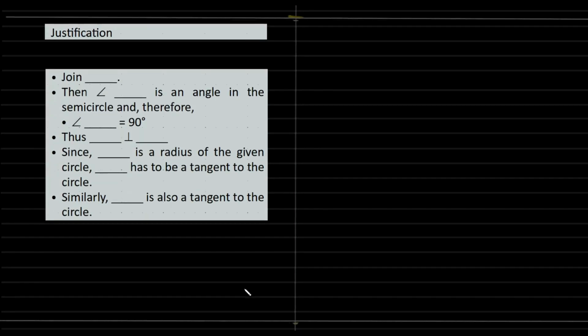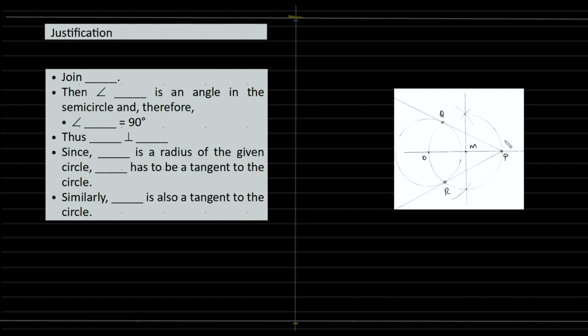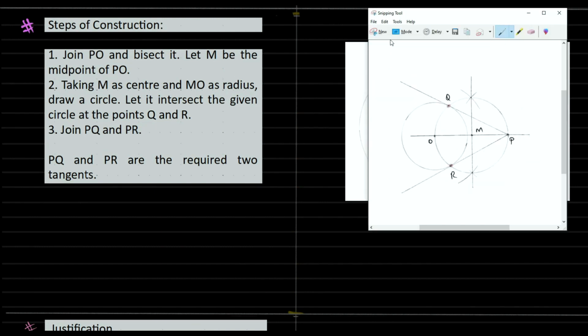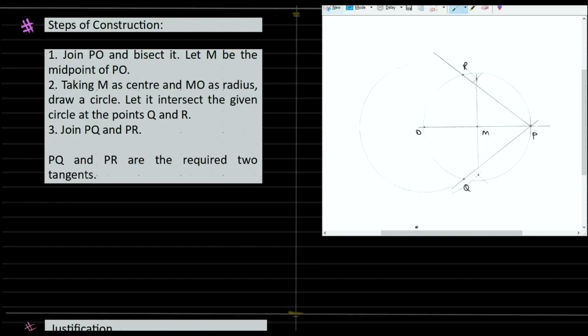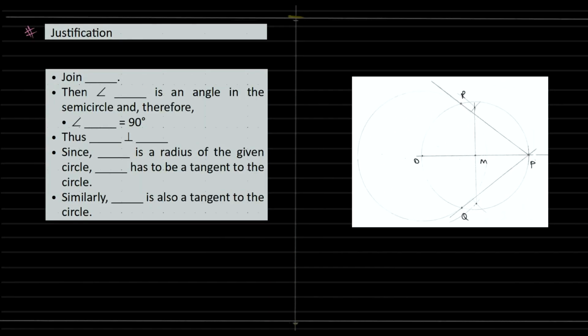Next thing is justification. It's the same diagram, the same labeling. First thing is we need to join OQ.